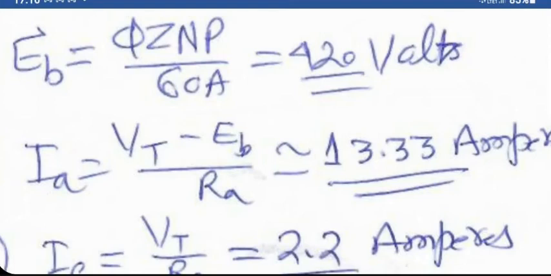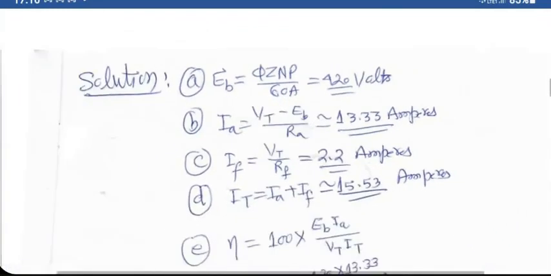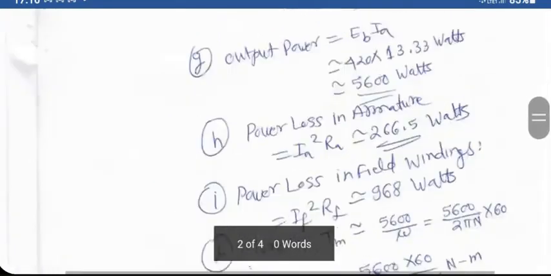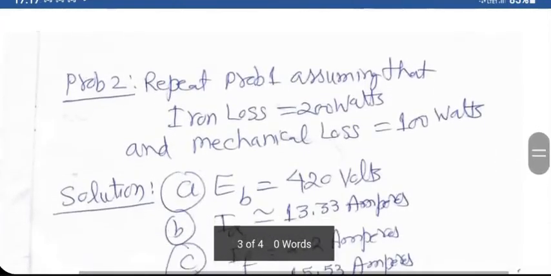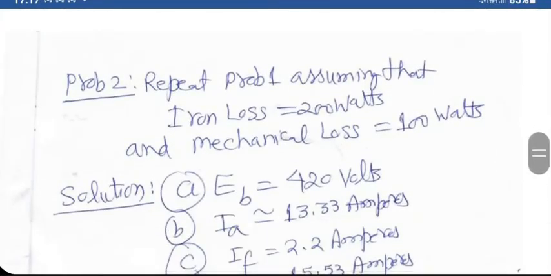IA actually will be VT minus 2 minus EB divided by RA. The 2 volt drop because of brushes will have to be included in this equation. That is not done in this document, but I want you to be aware. We'll be coming back to that anyway in other problems. It will change the results slightly.